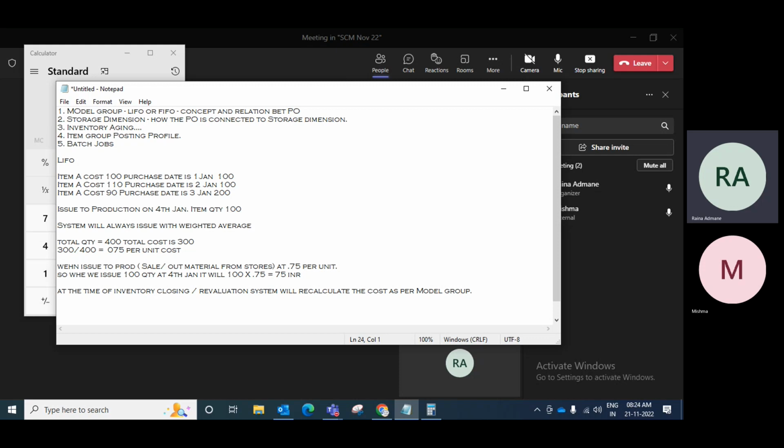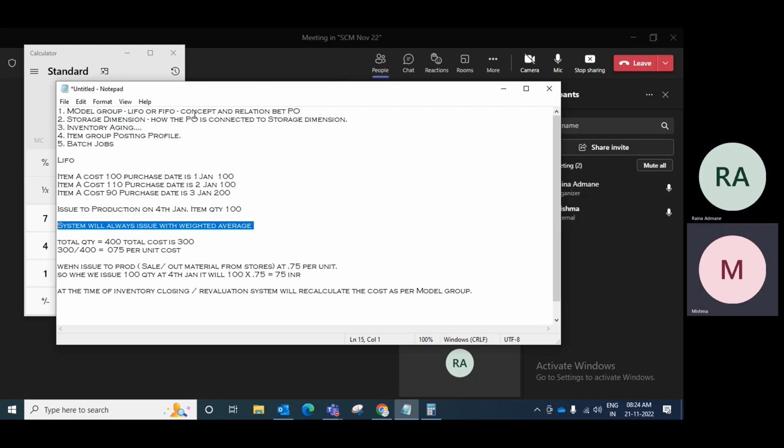First of all, there are two concepts. When the system issues this material to production or sells this item, it will always take weighted average. As per the system, it will always take weighted average, irrespective of your model group.